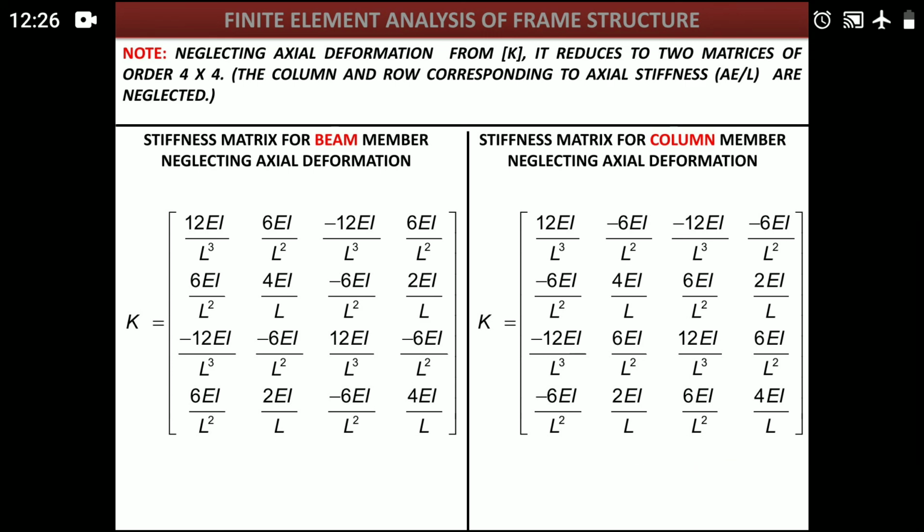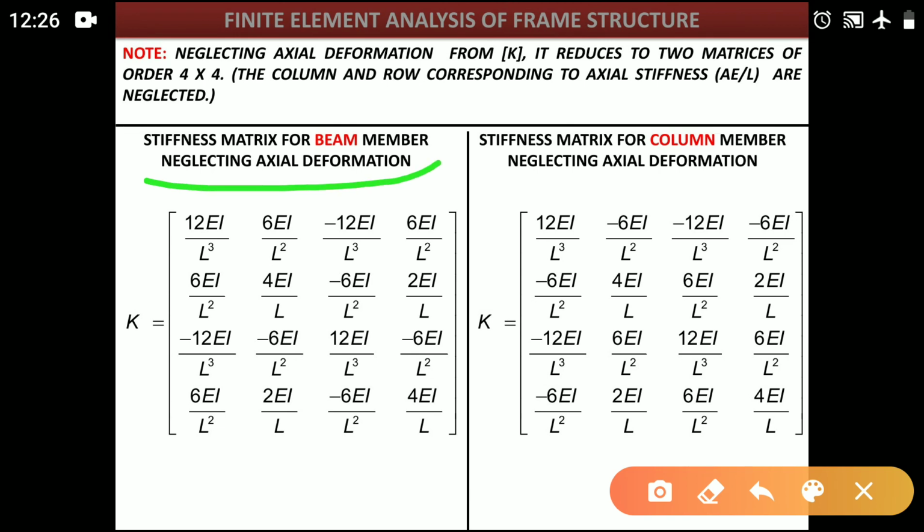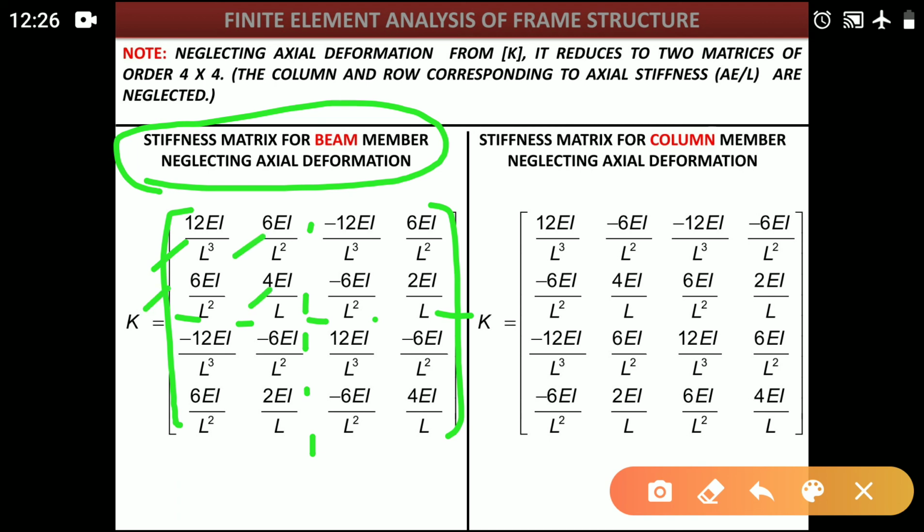Okay. So here, to obtain the beam stiffness matrix, that we have already defined. For beam, we already have the matrix from unit number 4. This is the matrix for beam. Make a dividing line here. Make a group of 2 by 2 elements here. So 12 EI, 6 EI, 6 EI, 4 EI upon L. Same elements present here. Same elements again on this side with the value 2.